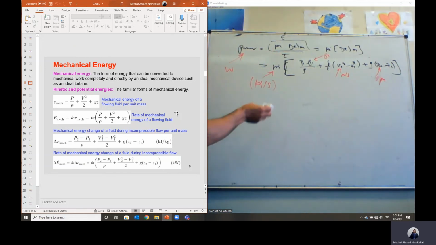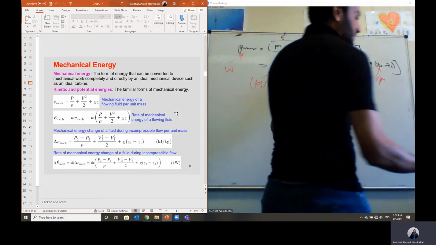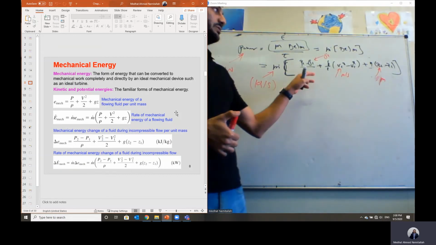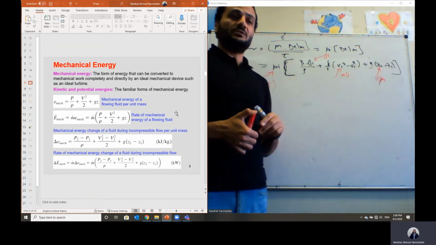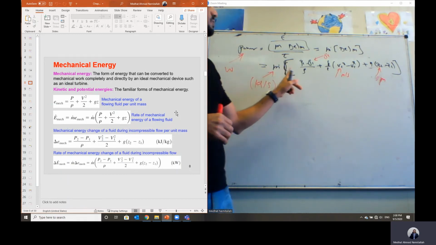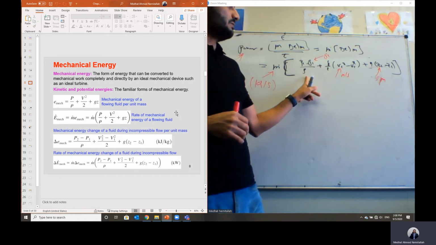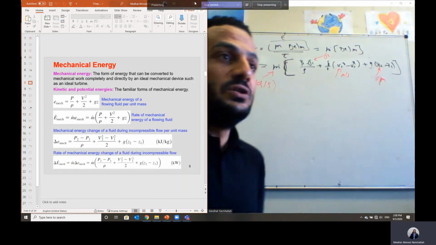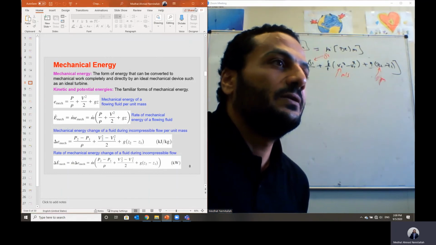So if we have a flowing fluid with a velocity V, a change of pressure from one location to another, and the flow is moving from one elevation to another, then the total power of the fluid is equal to m dot multiplied by delta P over rho, the flow energy, plus the change in kinetic energy, plus the change in potential energy.